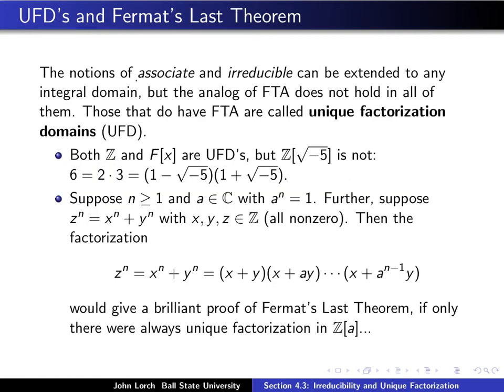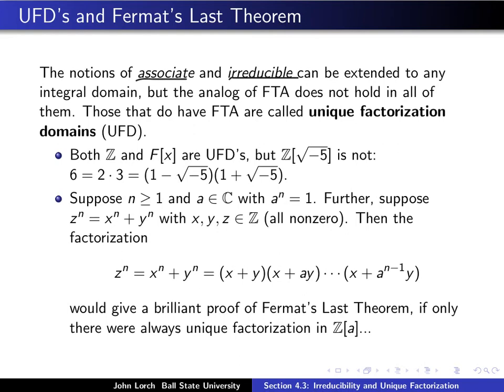The notion of associate and irreducibility can be extended to any integral domain. In fact, on a previous slide, I attempted to indicate how these ideas translate to the integers. You might remember that the associates of a number were just plus and minus that number, and irreducibles in the integers are just the primes.